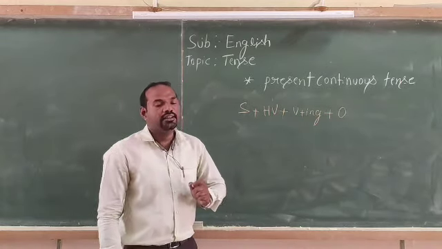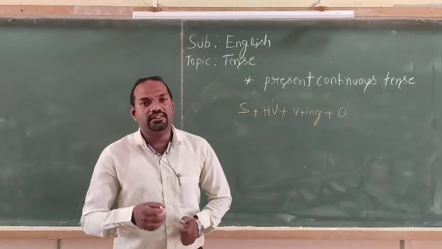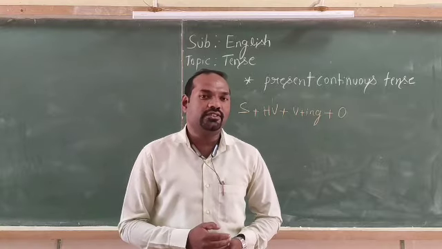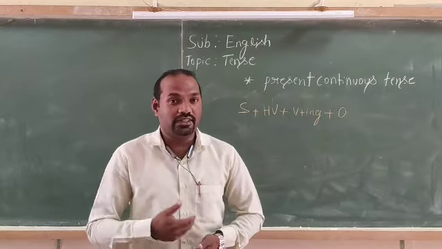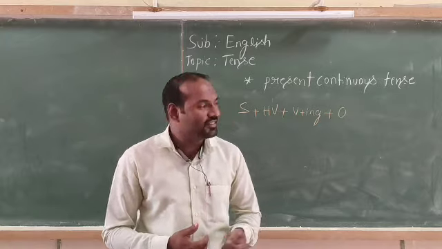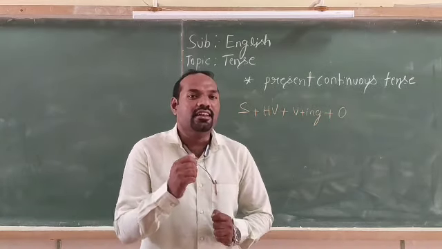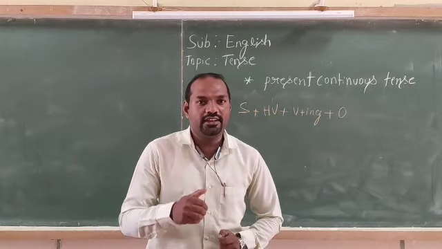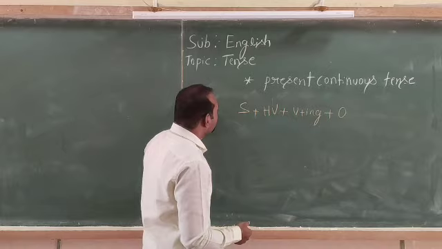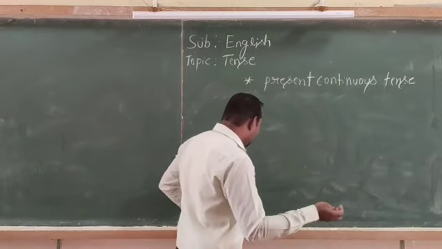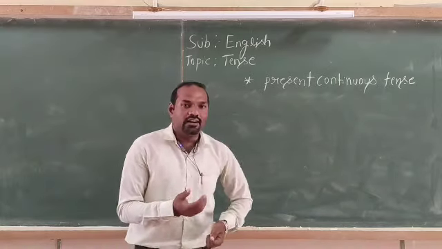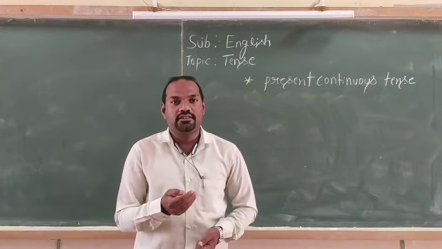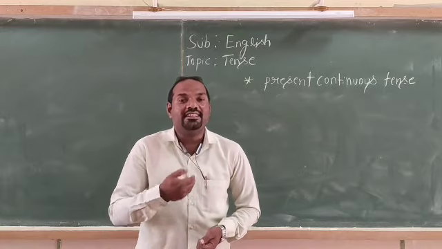My dear students, before getting into the affirmative sentence, negative sentence and interrogative sentence, and which helping verbs we need to write the present continuous tense, let's learn the usage of the present continuous tense. We express present actions which are going on at the time of speaking.